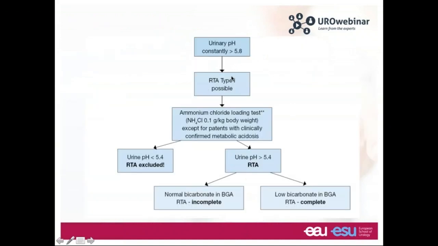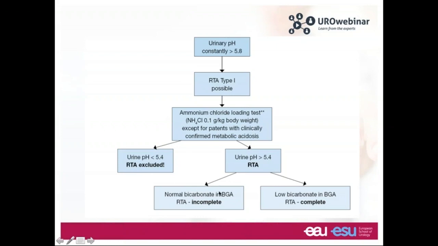We are talking a lot about the renal tubular acidosis. If your urinary pH is constantly more than 5.8, then you can perform the ammonium chloride loading test. You have to discuss it with the lab how you do it. If the urinary pH after the loading test is less than 5.4, then you don't have it.